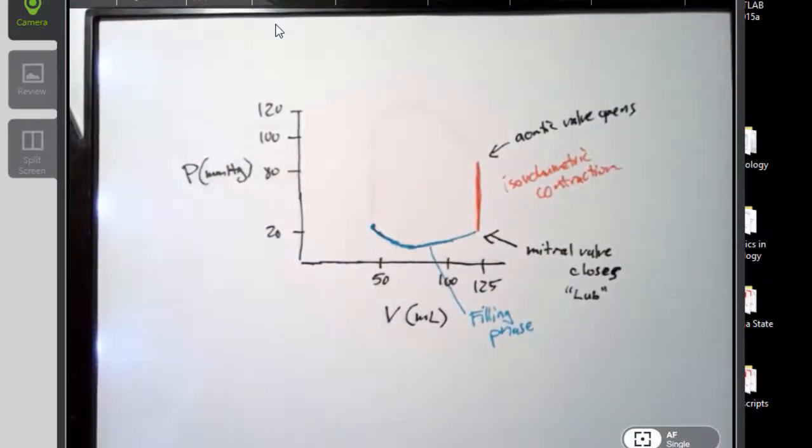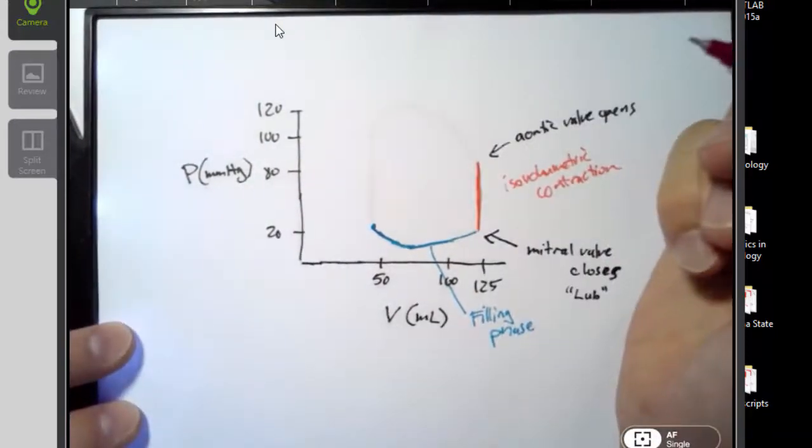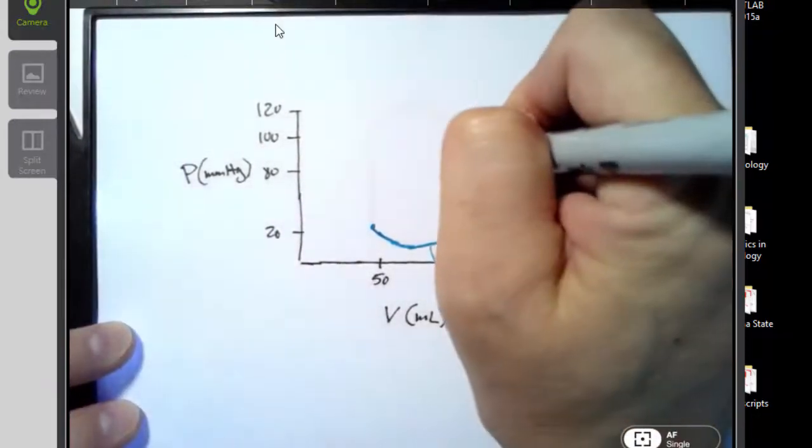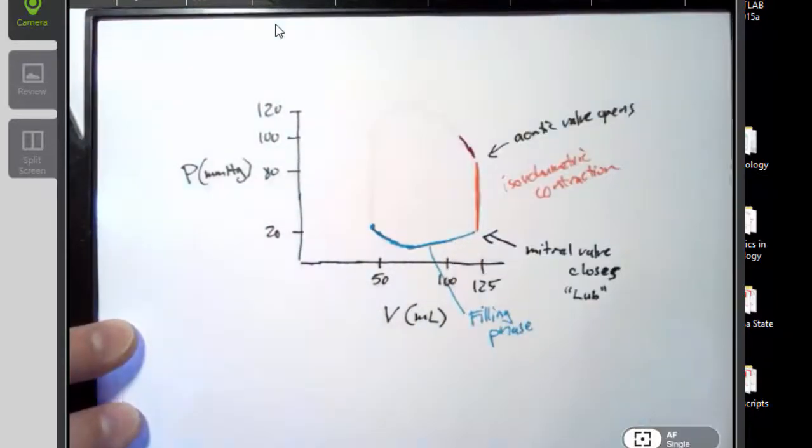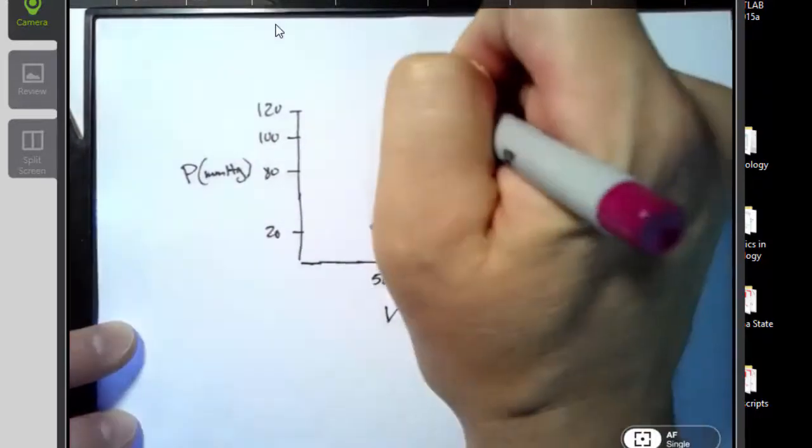And then this begins the next phase, which is called the ejection phase. So now blood has a way to go. The mitral valve is closed, but the aortic valve is open, and so blood has a place to go. It's going out from the left ventricle into the aorta. So we call this ejection.